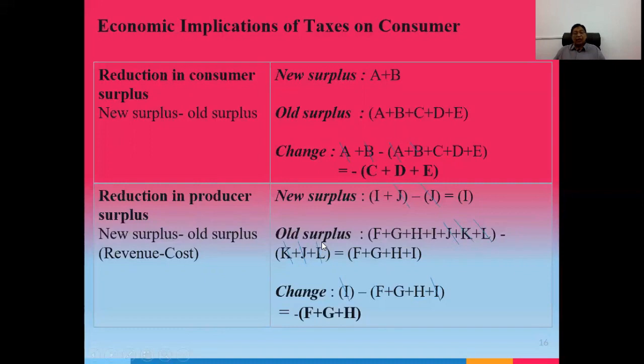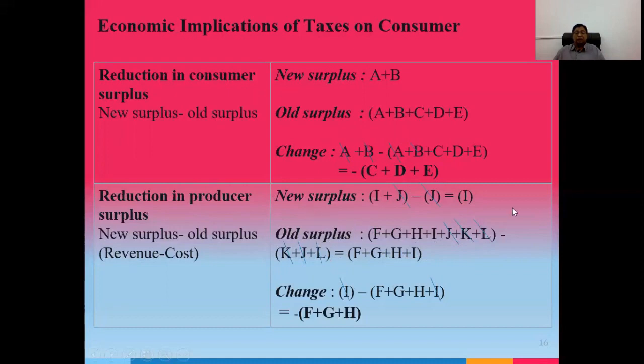Before tax on consumer, producer's income was given by the area of F, G, H, I, J, K, L. Then cost of production was K, J, L. When you reduce variable cost of production from the producer's income, then you will get producer's surplus.